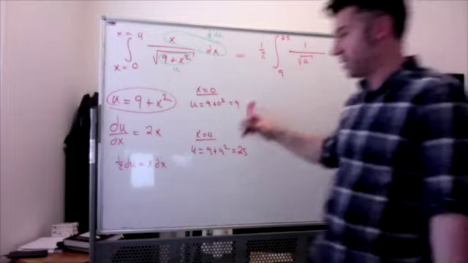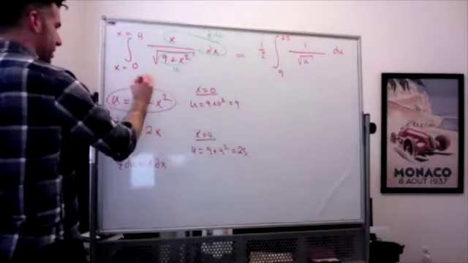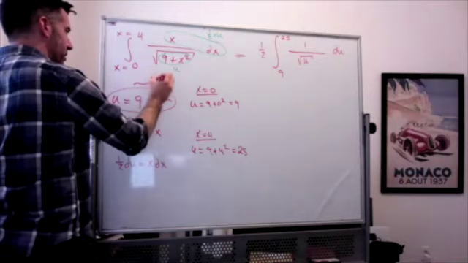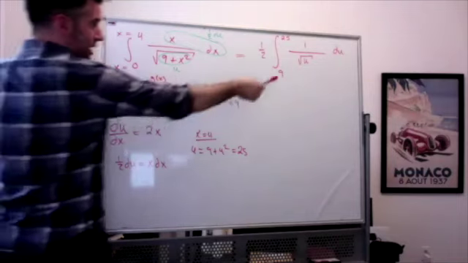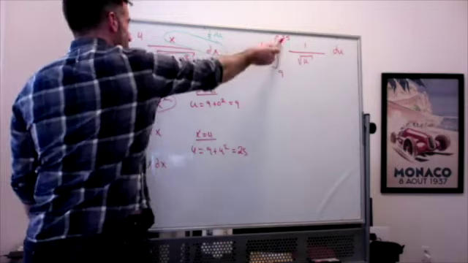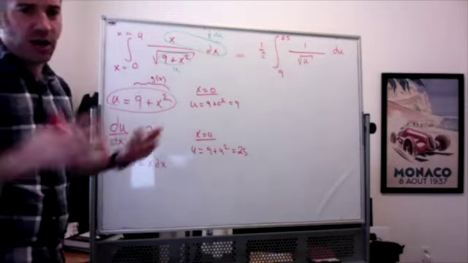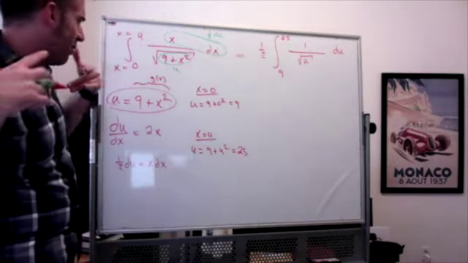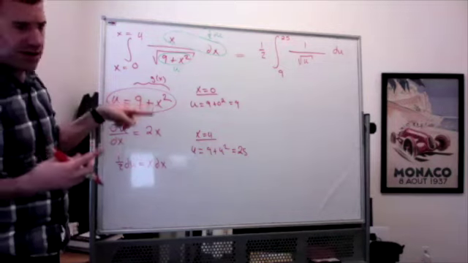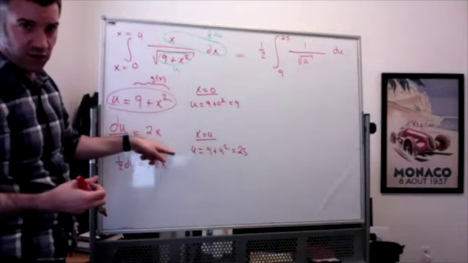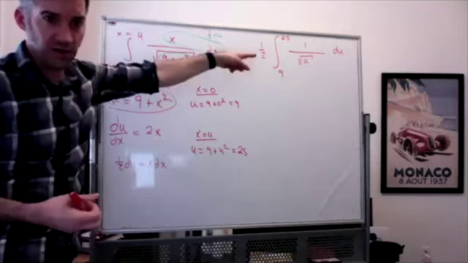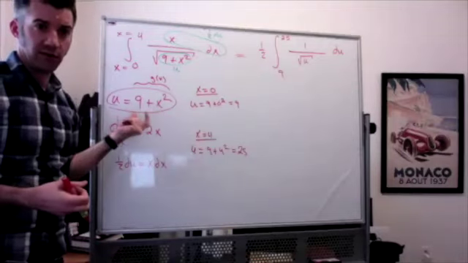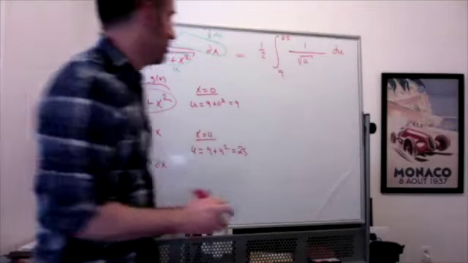If I'm saying u is equal to g of x, then this is g of 0 and this is g of 4. But it doesn't have to be that complicated in our heads. We can just say, I have an equation for u. I know what the x limits of integration are. Change them into u limits of integration by plugging them into the formula for u. That's always what it is.